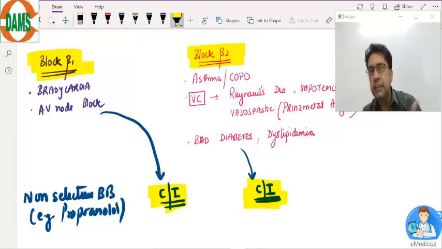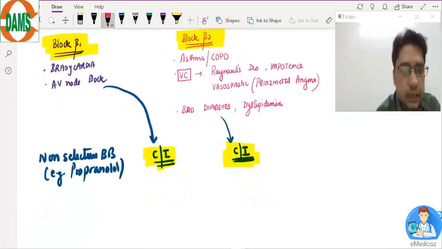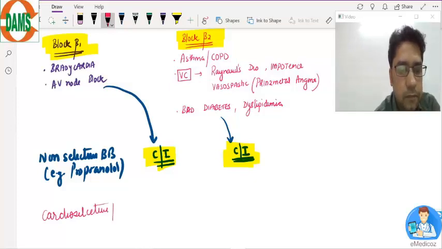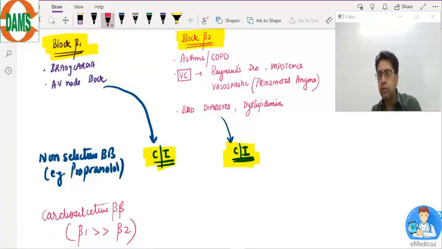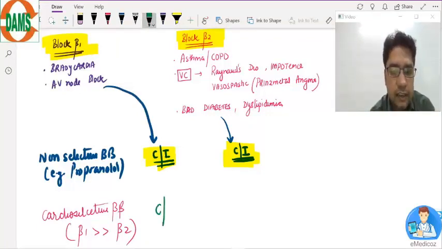But if I'll ask you one question, what about cardioselective beta blocker like atenolol, metoprolol? Cardioselective beta blocker, they block more of beta 1 as compared to beta 2. So in which condition cardioselective beta blockers are contraindicated?